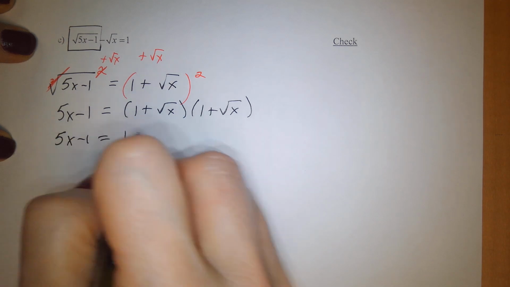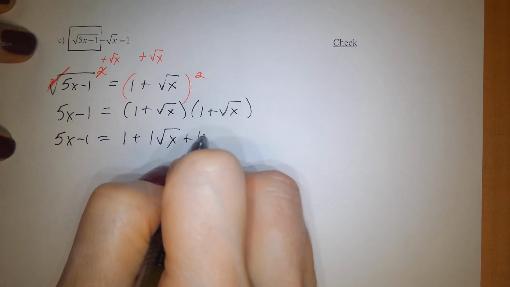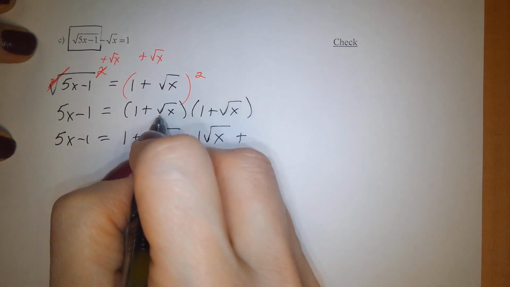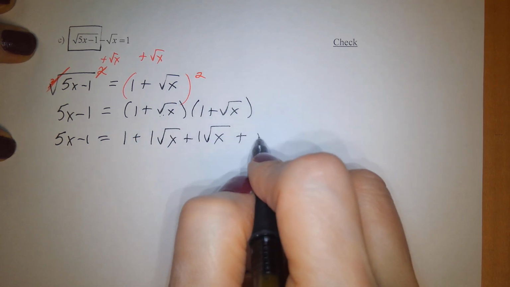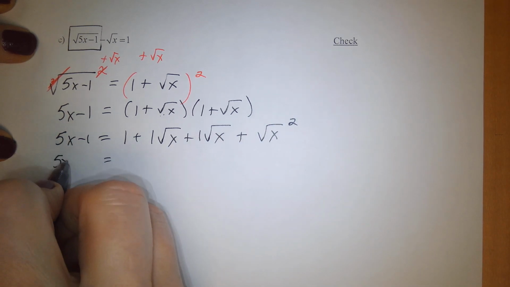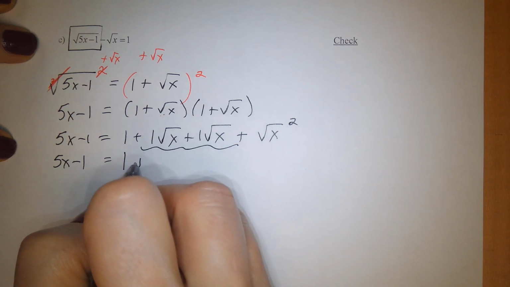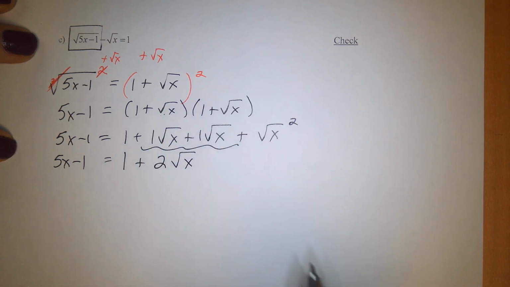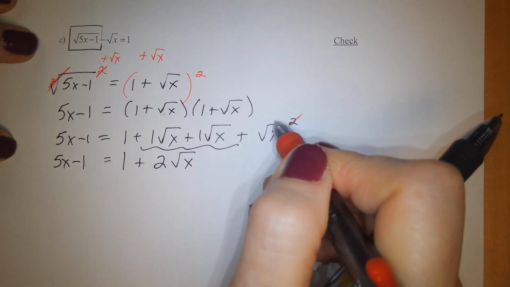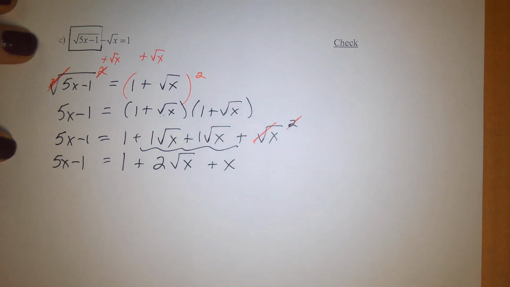One times 1, plus 1 square root of x, plus 1 square root of x, plus square root of x times square root of x. This side becomes 1 plus, combine those two middle terms to make it 2 square root of x, and the square root of x squared, well, they undo themselves, and you're left with x.